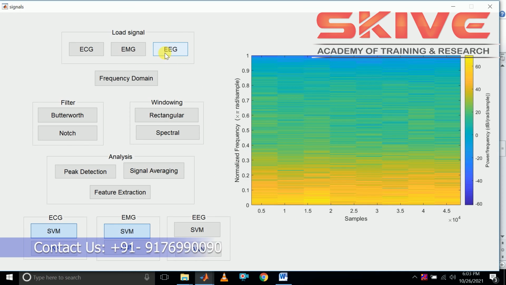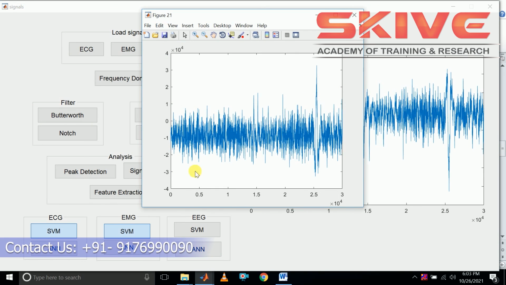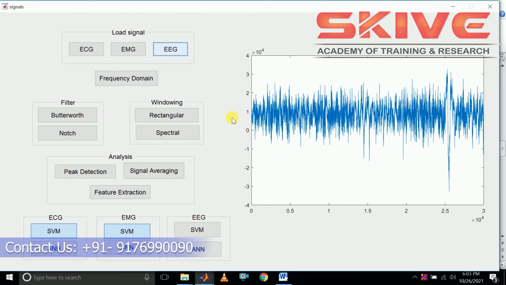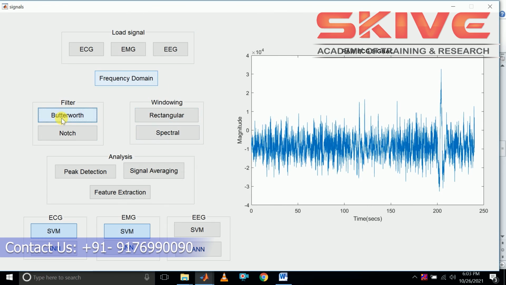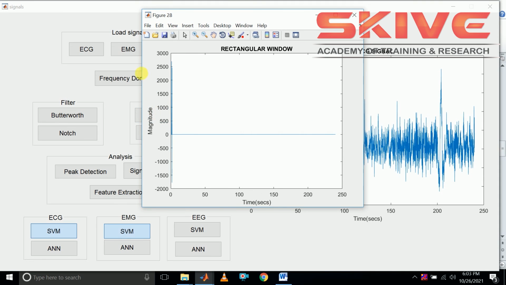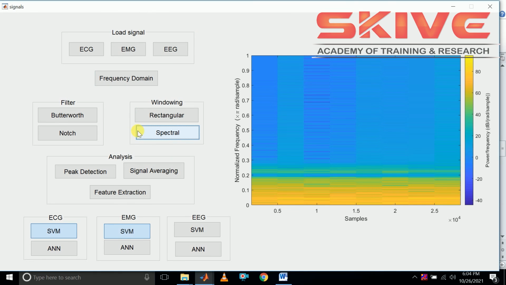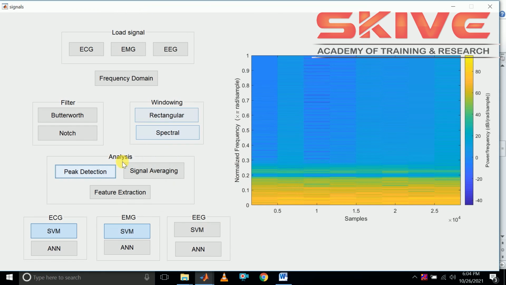Now we are going to take the next signal, that is EEG. The same steps will be followed.